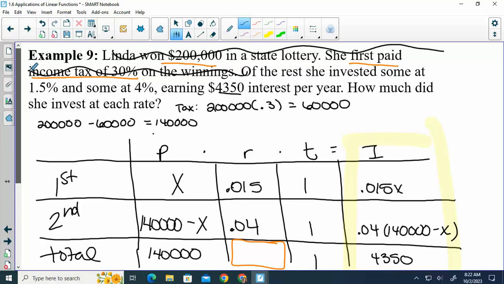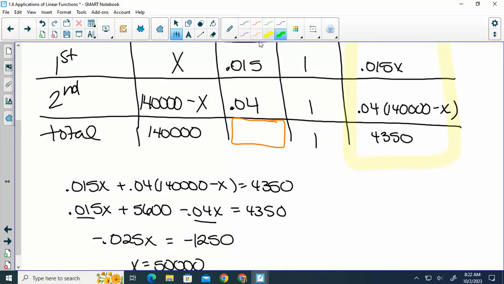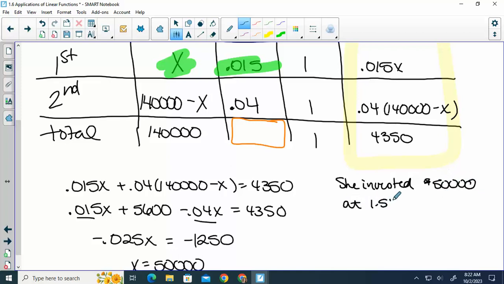The question was how much invested at each rate. So X was the amount at 0.015. $50,000 at 1.5%. And to get the second one, we have to do 140,000 minus X. So 140,000 minus 50,000. And that's our amount that works.